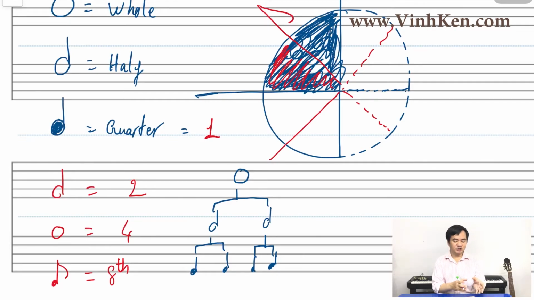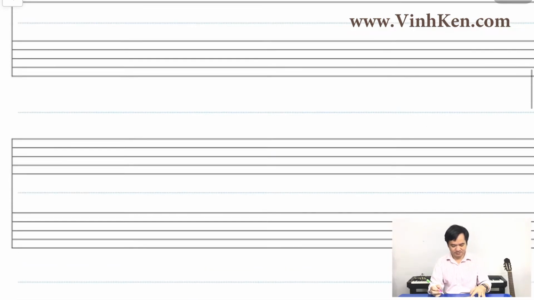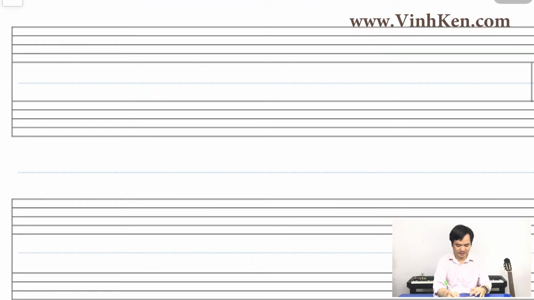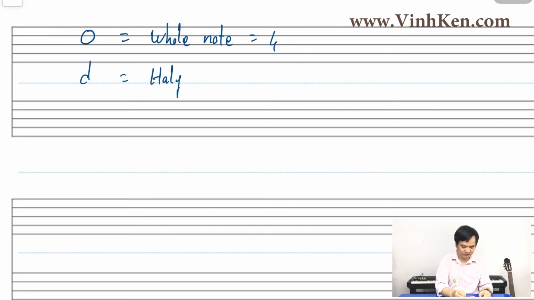So now we already know the rhythmic value of the notes. You see, each note has different values and different shapes. Now let me do it again for you, draw everything again for you. So we have whole, all right, we call it whole note, equal to 4. We have half, we call it half note, equal to 2.